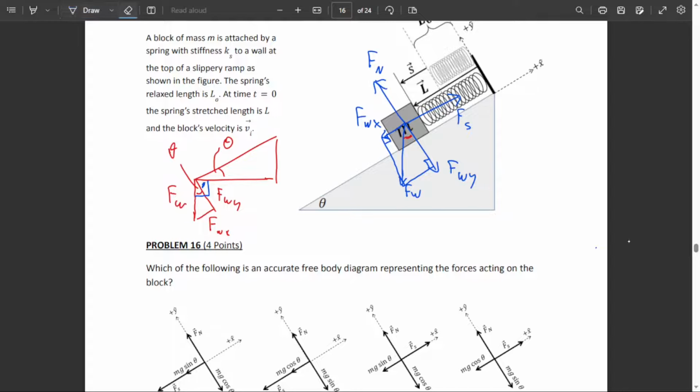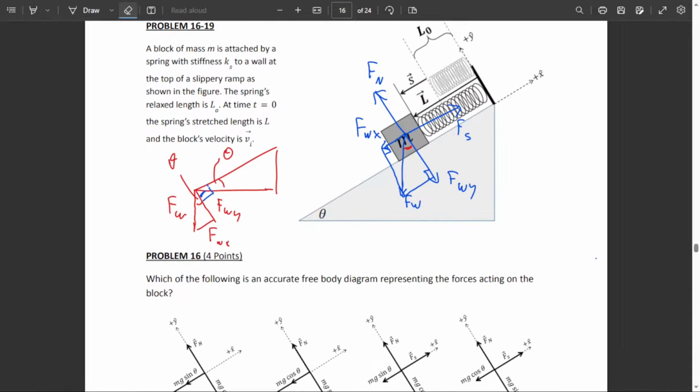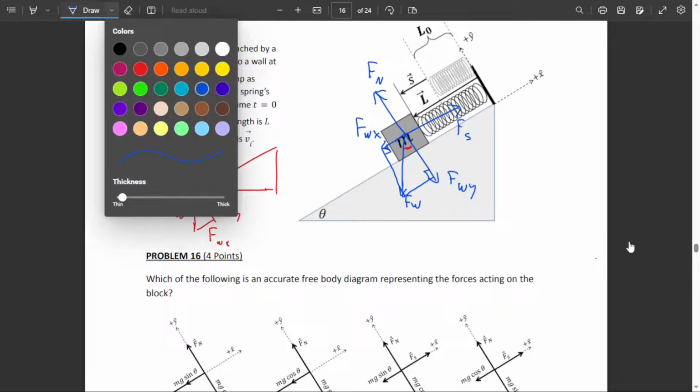And then if we look at this right angle, it has the angle of our incline and this inside one. And since they both share the inside one, the other two angles must be the same. So there we go. That's how you prove that this interior angle right here is theta.